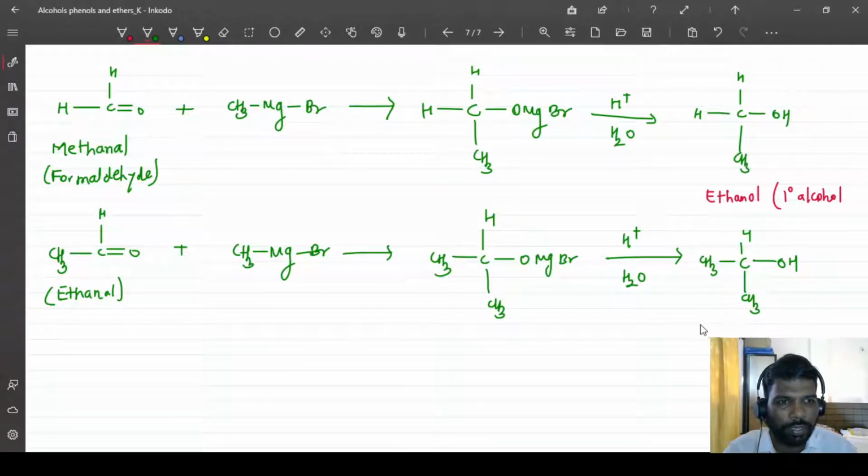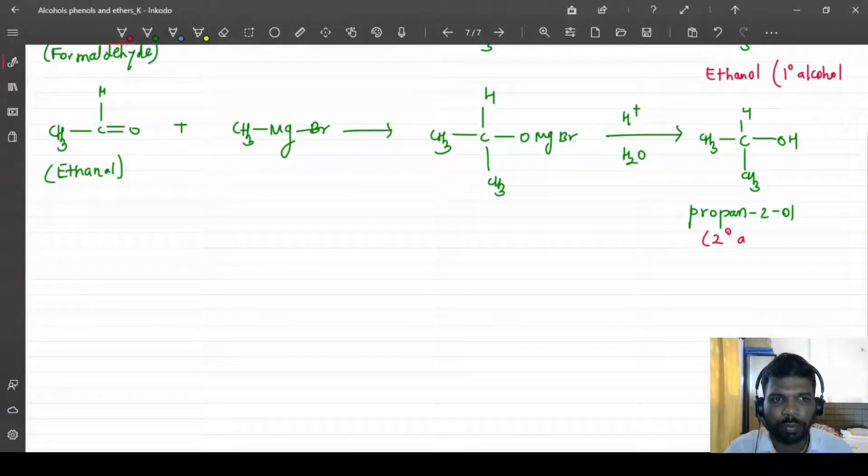What we get is propan-2-ol, and this is a secondary alcohol.